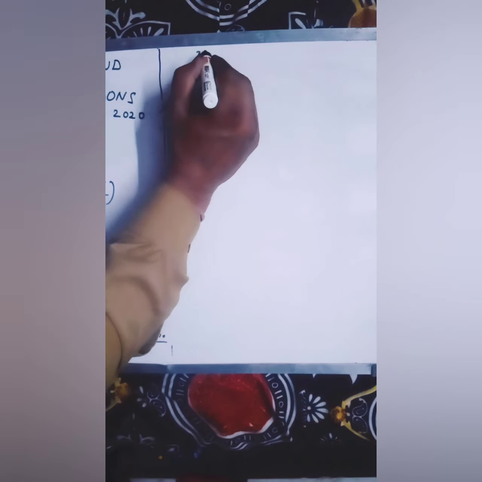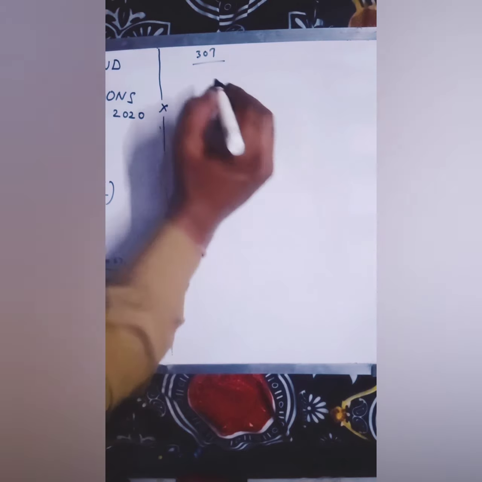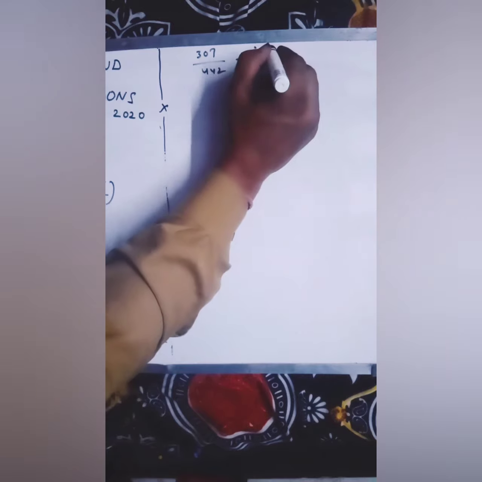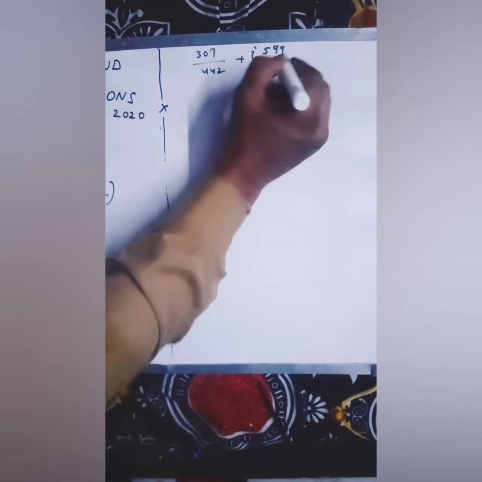So you can write like this: 307 over 442 plus iota 599 over 442. So this is the required standard form of this question. This is one of the important questions, so please solve it at least 2-3 times because it's a very important question.